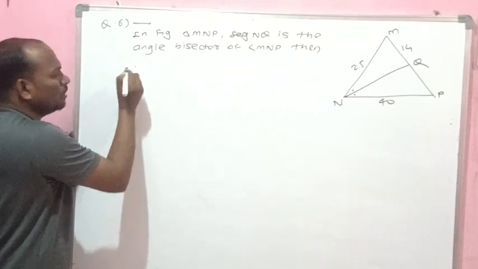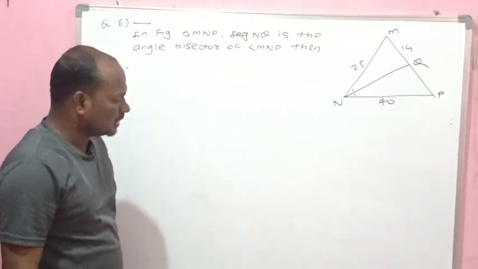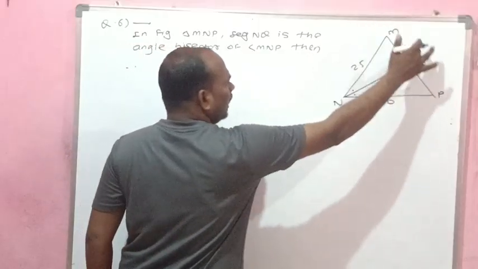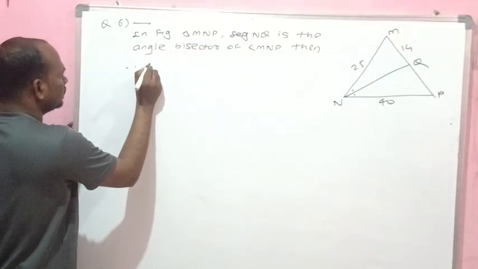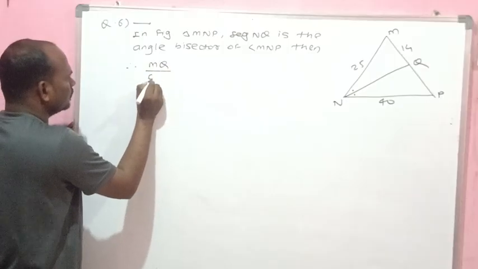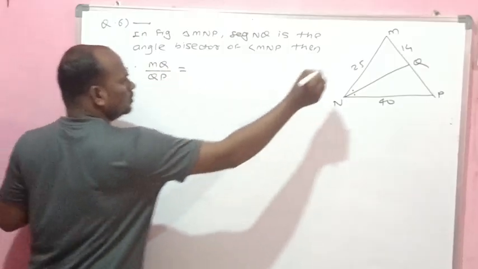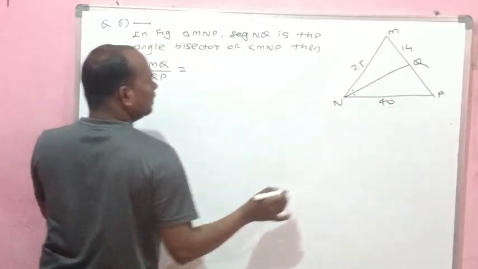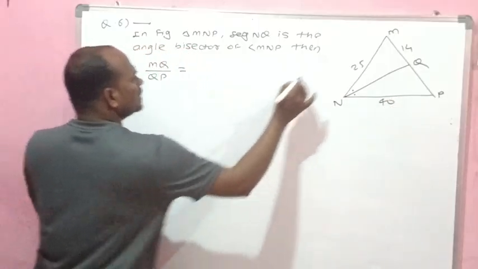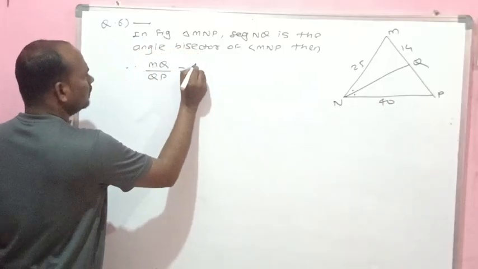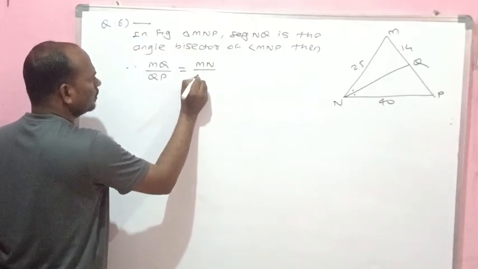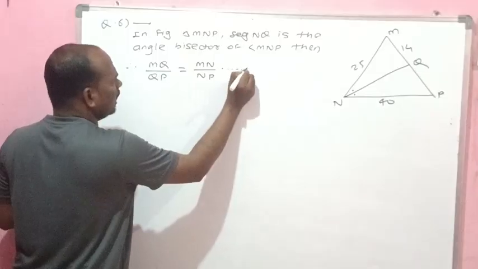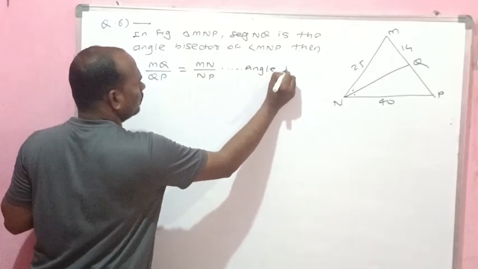Then by using property of angle bisector theorem, we can use MQ divided by QP is equal to MN divided by NP. That is MN divided by NP. This is angle bisector theorem.